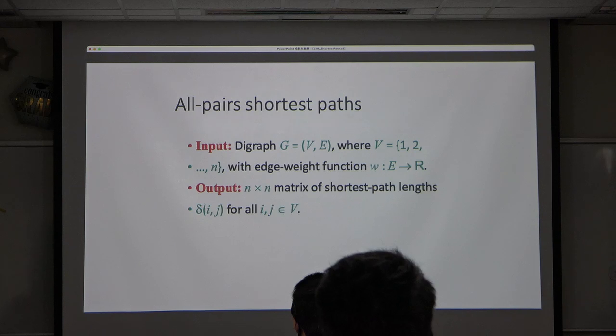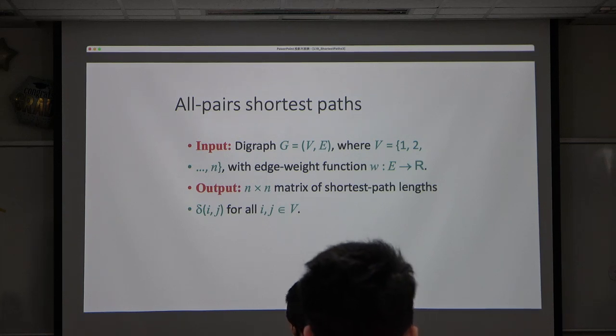That is, you need to represent all the possible pairs. So the easiest way is to represent the result by an n by n matrix. For example, Aij represents the shortest path weight from Vi to Vj.